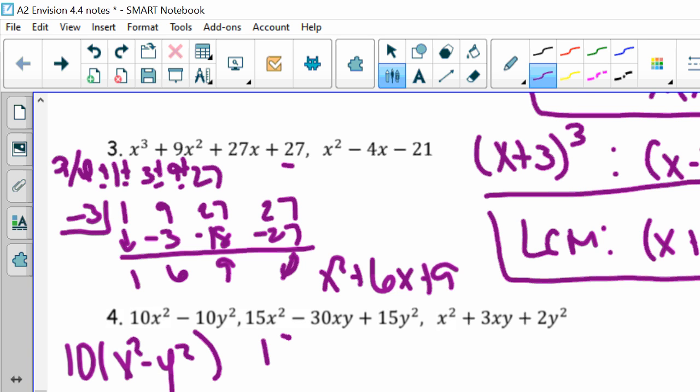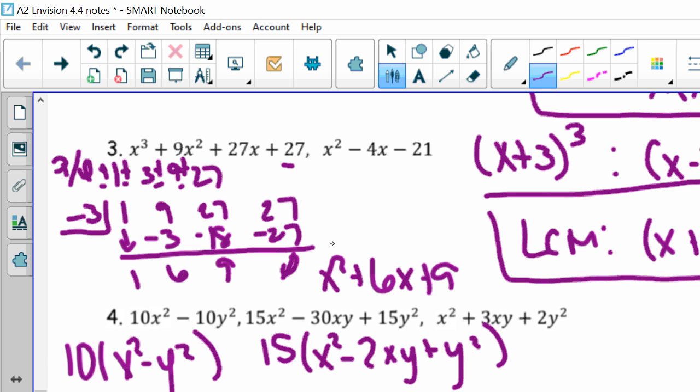I can pull a 15 out of that, and then I've got x squared minus 2xy plus y squared. So if I'm going to factor that, so I have a 15. And then this is going to factor to x minus y quantity squared.